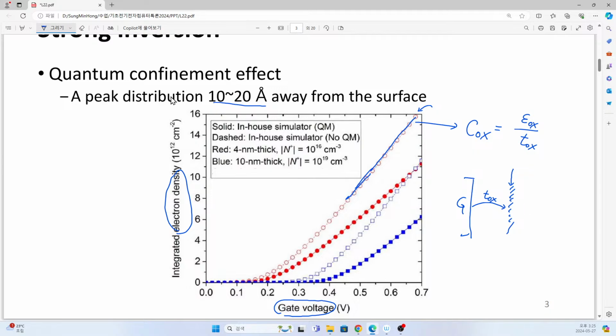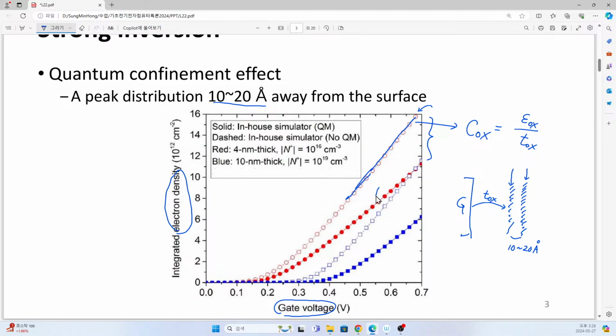With quantum confinement, from the gate terminal our electrons are located somewhere even further, kind of 10 or 20 angstrom, which is extremely short. However, this difference can make huge differences in the inversion charge behavior.